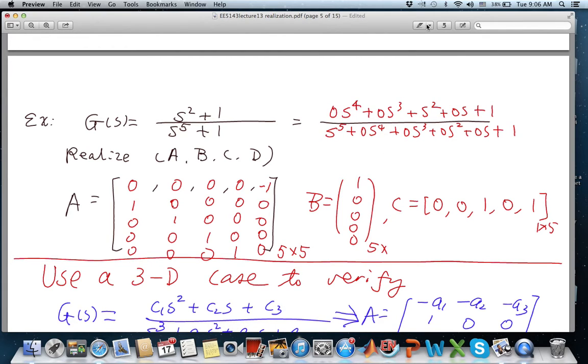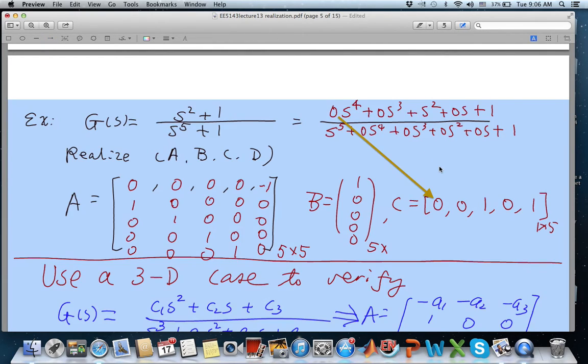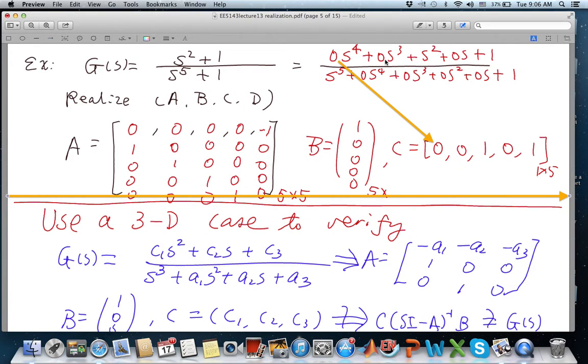So we can see that this 0 is coming here, and this 0 is coming here, and this 1 is coming here, this 0 is coming here, this 1 is coming here.